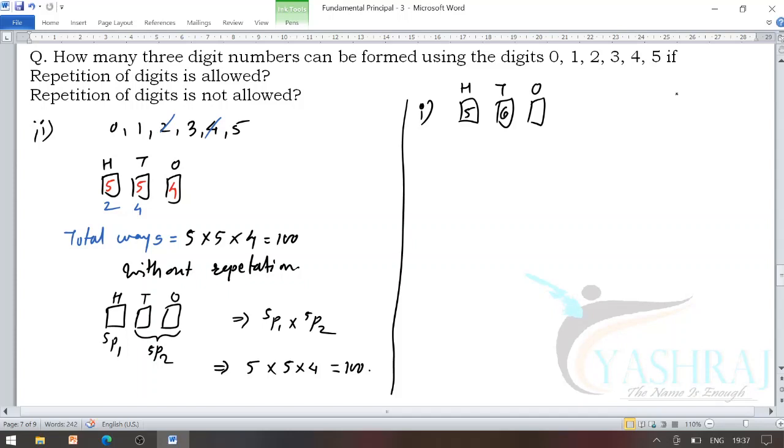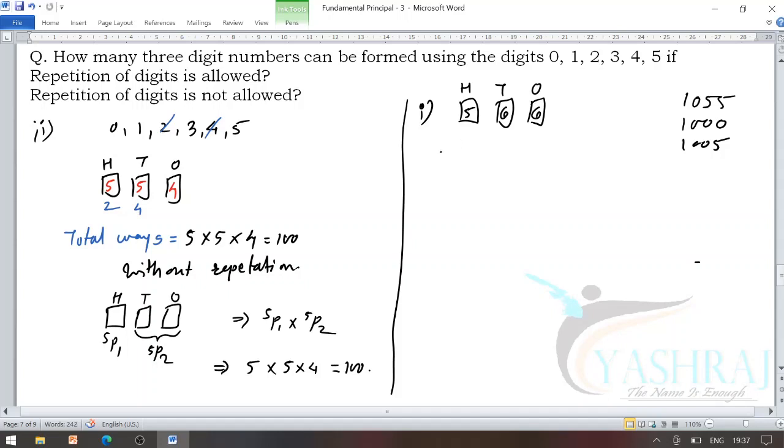So the number might be of the form 1055, or just 1000, like that. So 0 is repeated once, twice or 3 times, it doesn't matter. To fill up the last place, the ones place, we have 6 different choices.